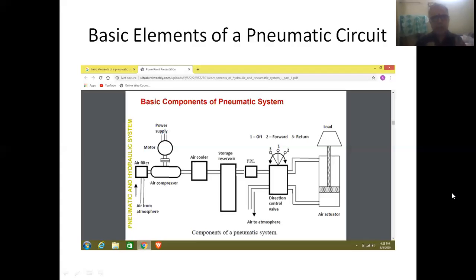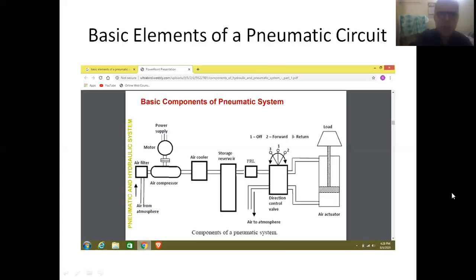Now, friends, this valve will have four ports, four passages. Therefore, it is called a four-way DC valve.